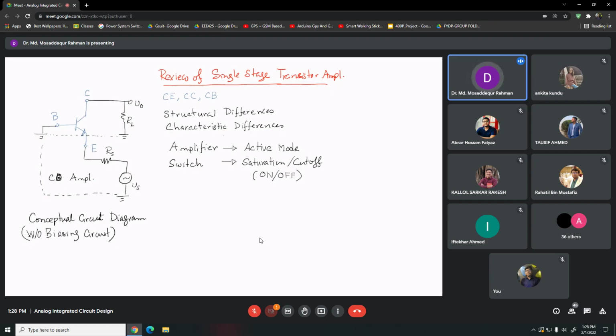So to bias in active mode, what are the conditions? How can we bias it in active mode?